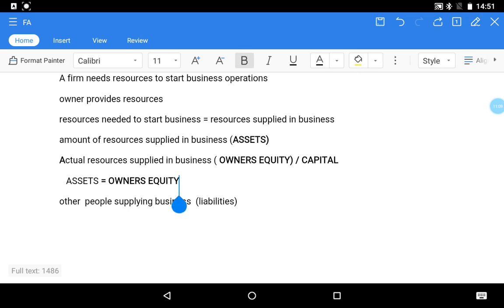So these are our liabilities: other people supplying the business.